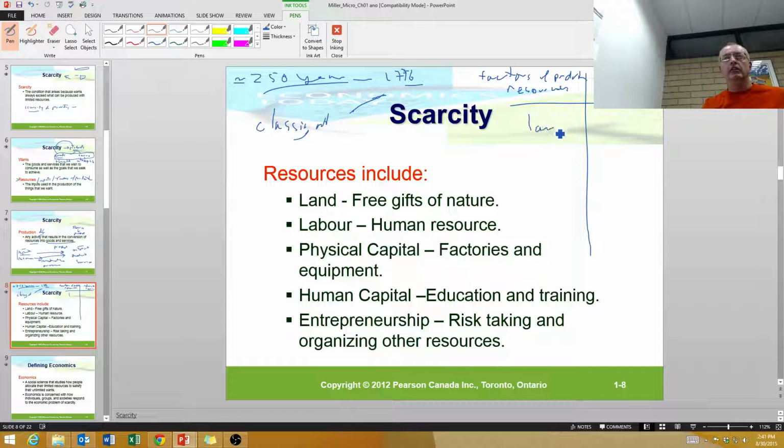It's land, labor, capital, and we have to explain what this stuff means because these words don't necessarily mean what you think they mean. Anyways, land, labor, capital, and then the fourth one I call risk taking. That's kind of my background. The book calls it entrepreneurialism, which is okay.